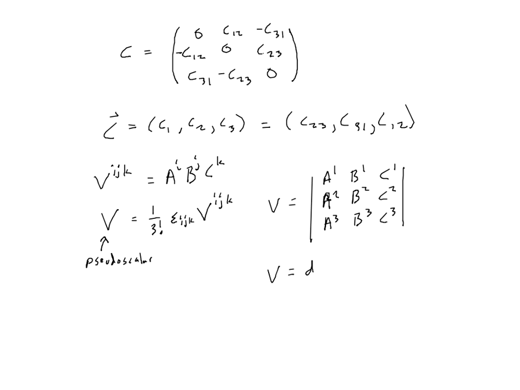And so the pseudo-scalar is effectively the determinant of V, the matrix formed by combining these vectors as a direct product. So all that information is just compact.